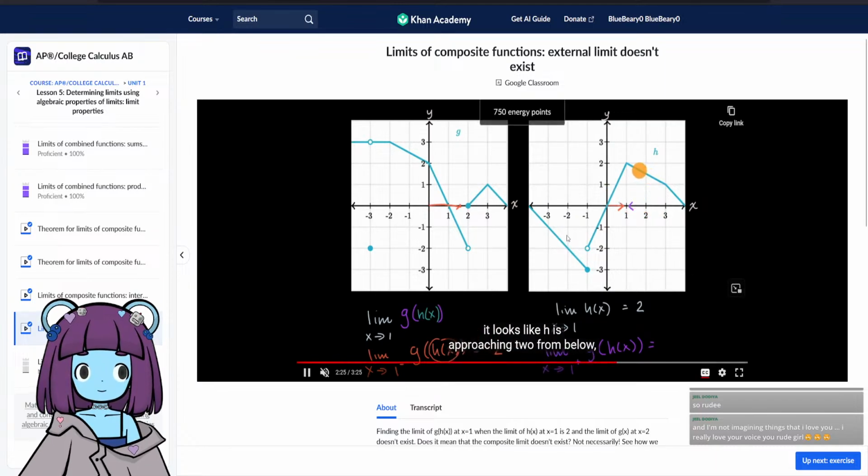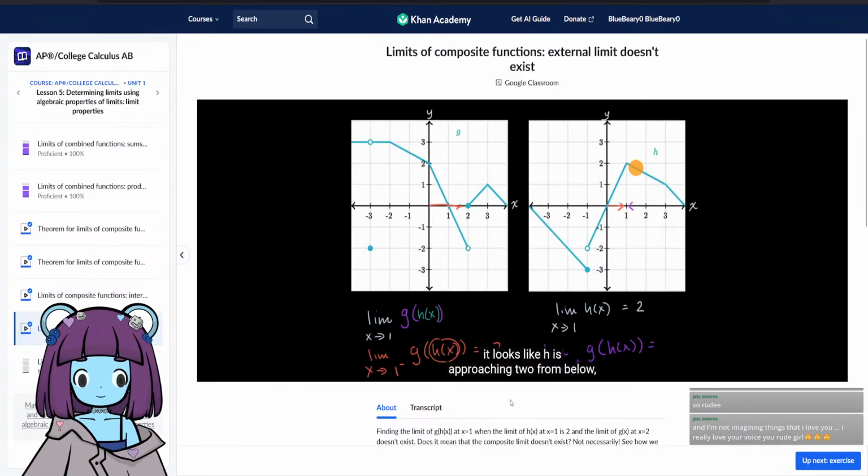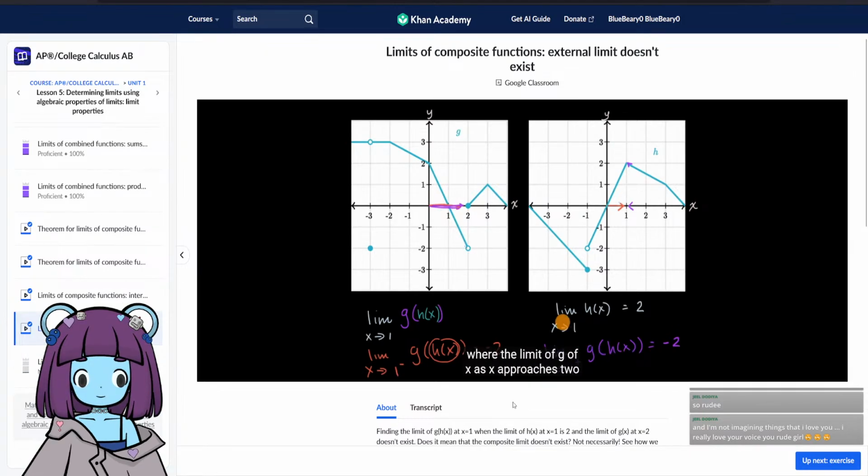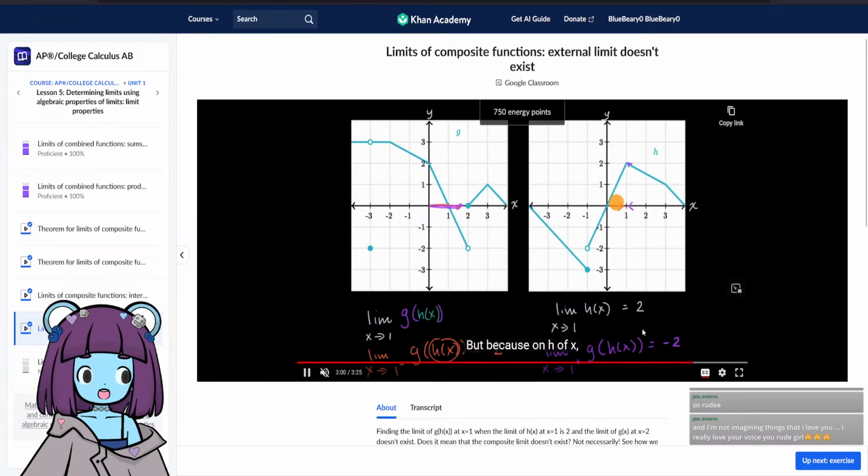So I understand that. It goes to 2. Putting into G, approaching 2 from below. So do you approach it from both sides? I guess you do. Okay, oops.